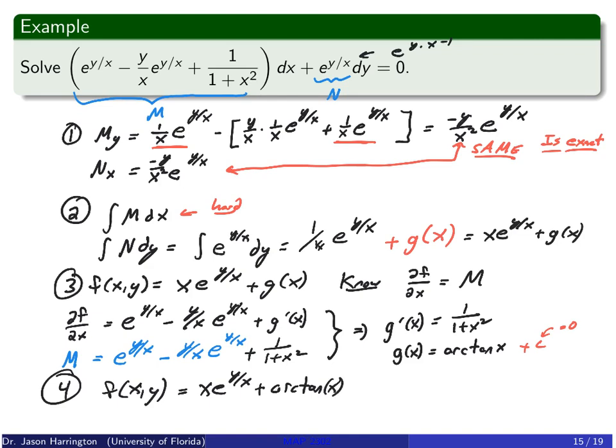And so that means our answer is a level set of that curve. So we have x e to the y over x plus the arctangent of x is equal to a constant.